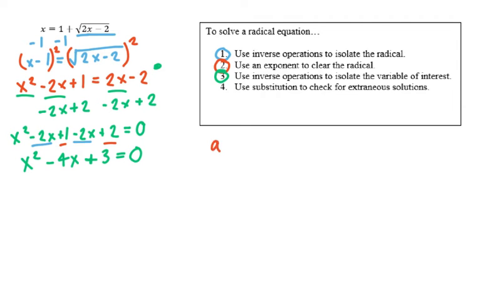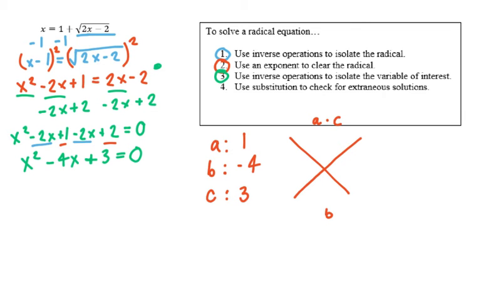So let's identify our a, b, and c values here. Our coefficient in front of our x squared term is positive 1. Our coefficient in front of x is negative 4, and our c term, our constant, is 3. So when we use the diamond method, we are trying to figure out the factors of a times c that add to equal b.